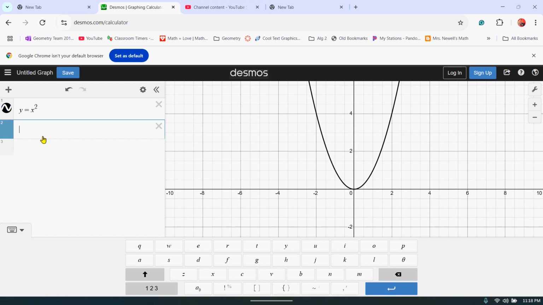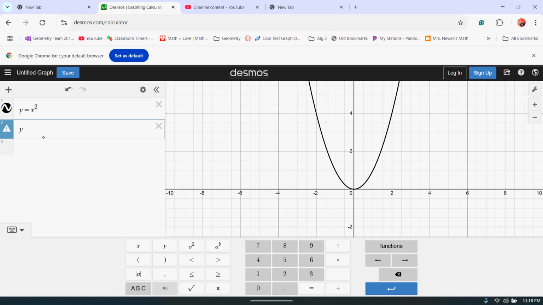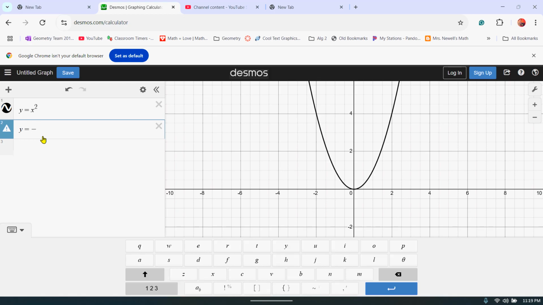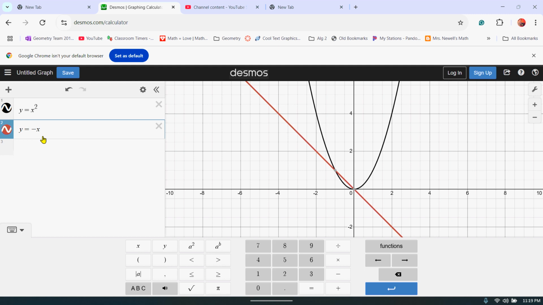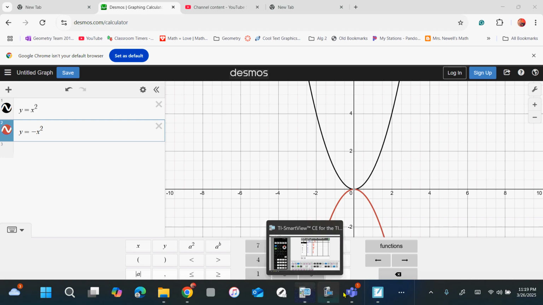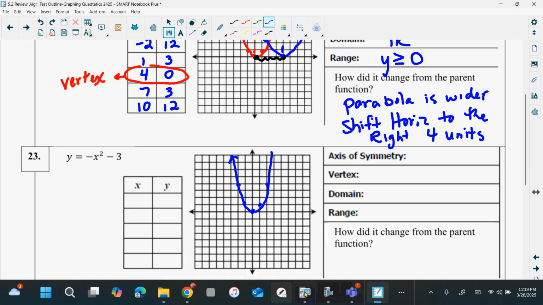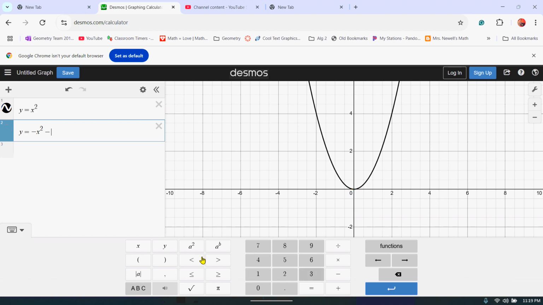So we got y equals, what is it? A negative. So minus x squared. There's my x squared. And I think it was minus 3.